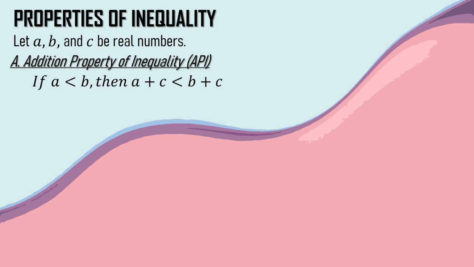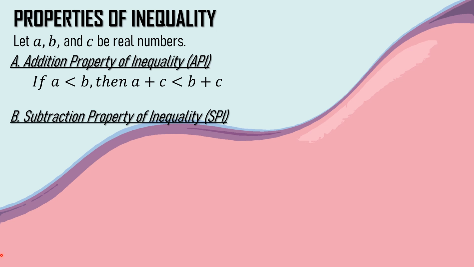So, if A is less than B, then A plus C is less than B plus C. So, ganun pa rin. Since we are talking about the inequality or addition property, kung ano yung ginawa natin sa left side, which is plus C, ganun din yung gagawin natin sa right side ng inequality, which is also plus C.